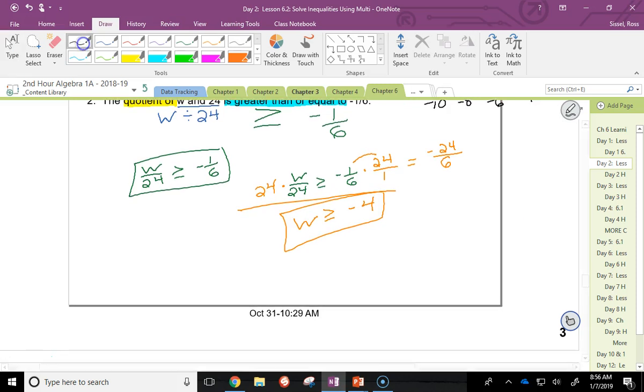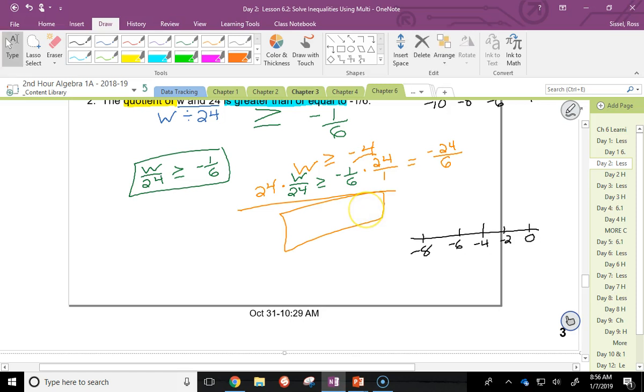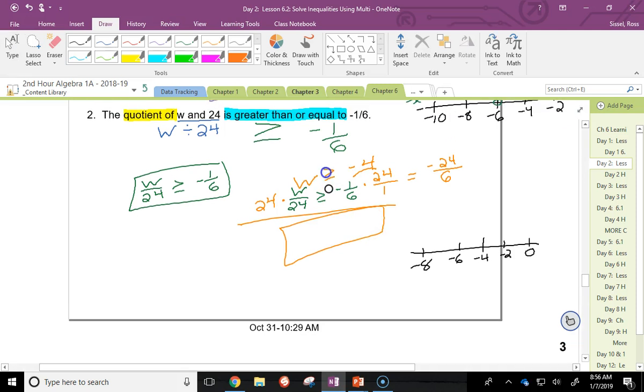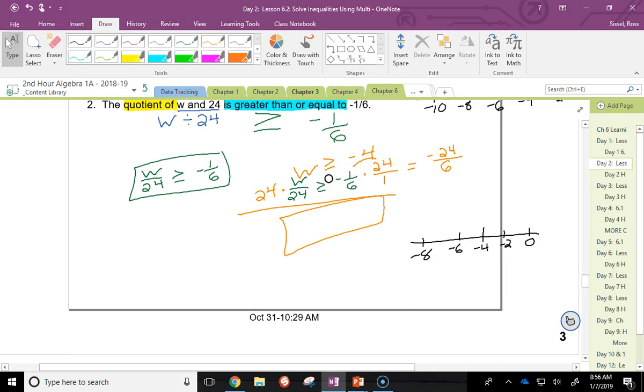Graphing. Okay, negative 4 is here. I'm going to say negative 2, and I'm going to say 0. Negative 6, negative 8. Oh, what happened to my answer? It moved up. Maybe the answer turned invisible. Well, that's really weird.